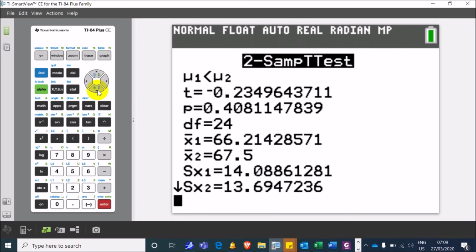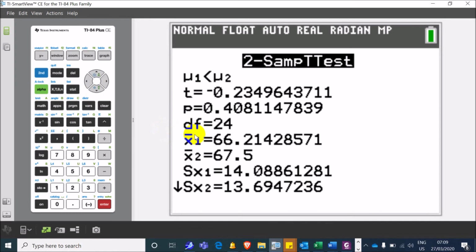Still way above the 0.05 I'm looking at. So again, I am accepting the null hypothesis that they are the same. You see one more thing here: df, that is degrees of freedom. I will talk about that when we do another type of test.